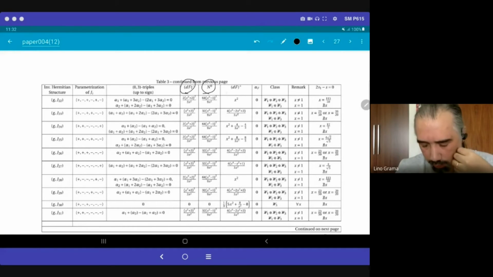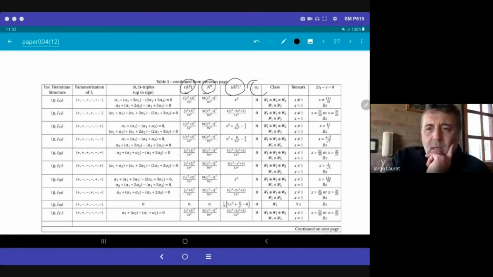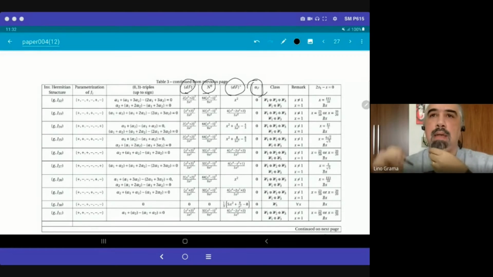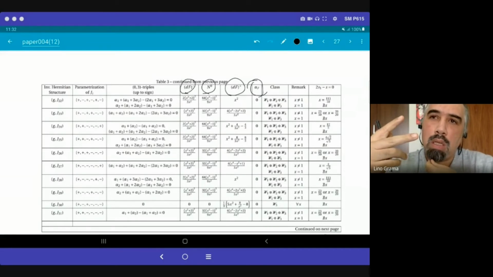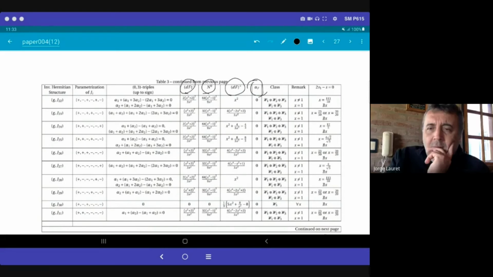Isn't F the 2-form? Yeah, this is the 2-1 part, and this is the 1-2 part of the DF. So both have to be 0 to get almost Kähler. Exactly.